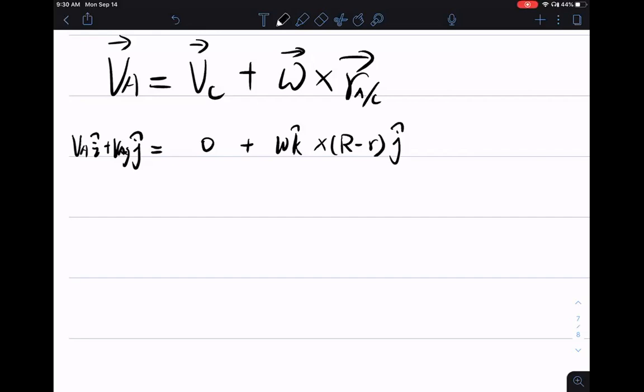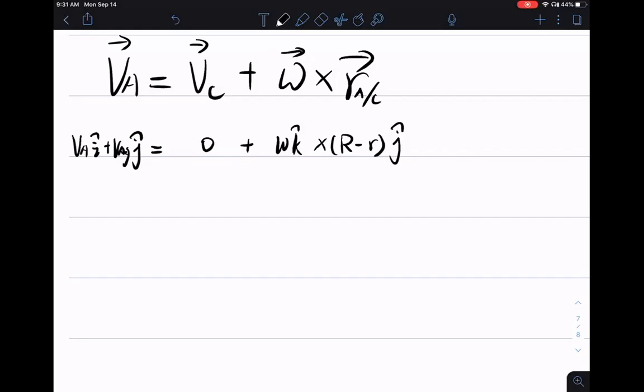We can break it down to two scalar equations. Okay, make sure you write that down. That would be a very common method we use for this course. Whenever you have a vector equation, we always want to break it down to two scalar equations.